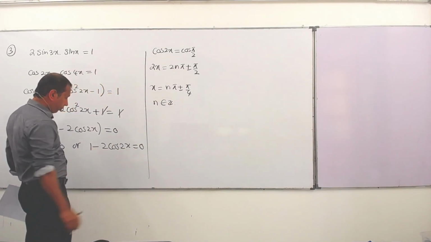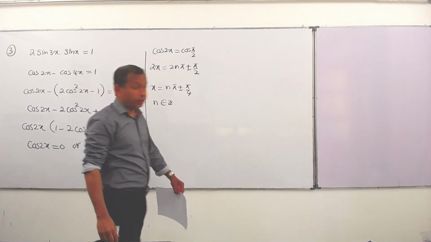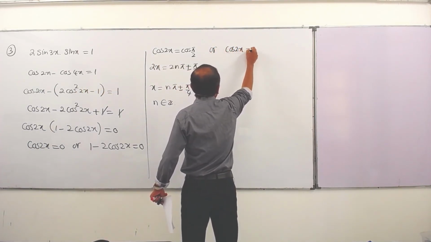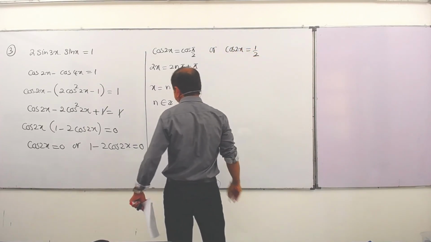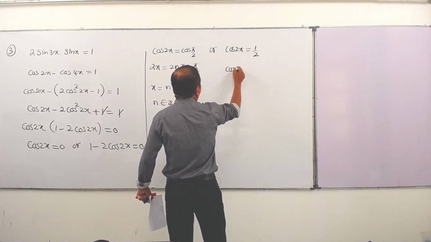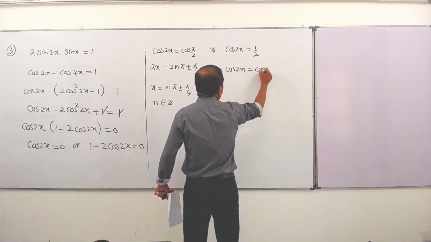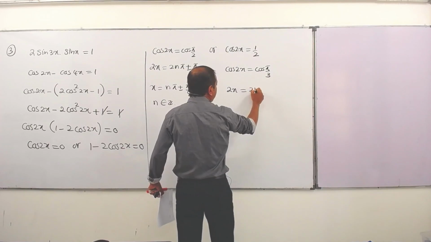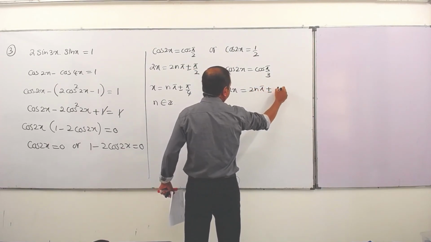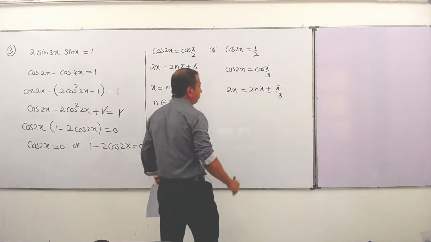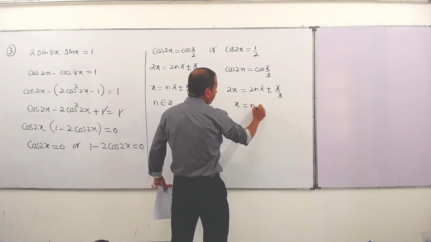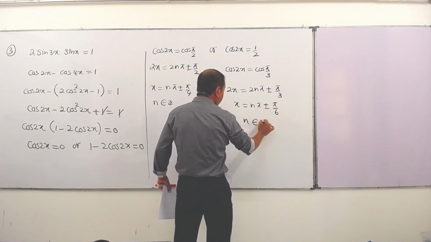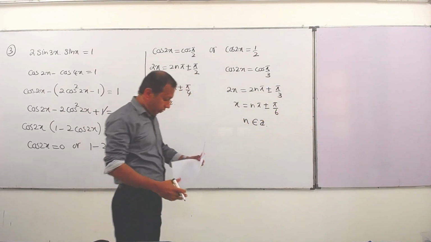Coming to this one, cos 2x is half. Half you can write as cos π/3. Then 2x equals 2nπ plus or minus π/3, so x equals nπ plus or minus π/6. N is any integer. This way we can take that.